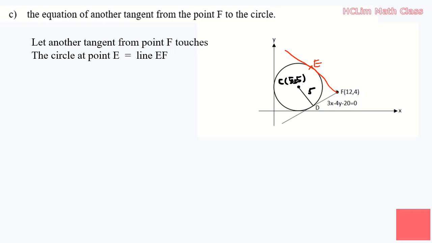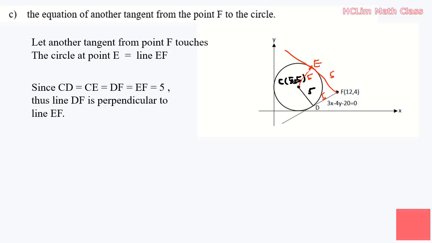The length of the tangent is also 5, and the radius is also 5. That means CD equals CE, equivalent to DF and equivalent to EF, which is 5. So that means DF is perpendicular to EF. They are perpendicular to each other.